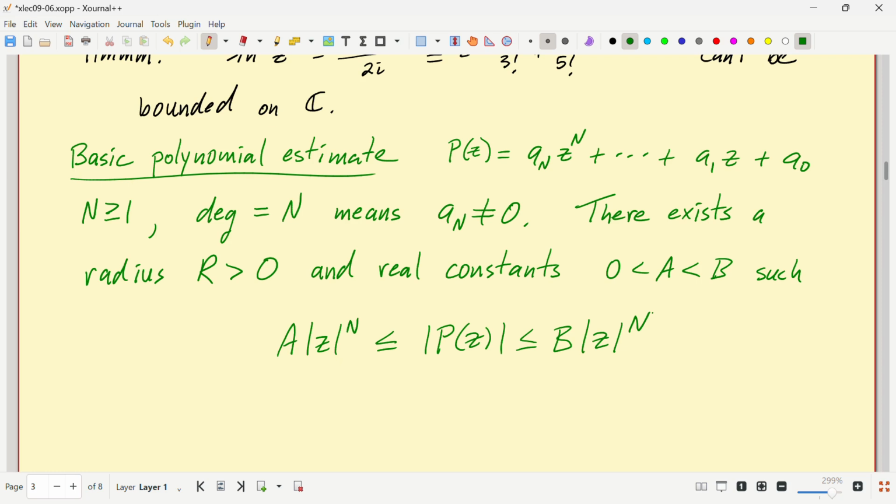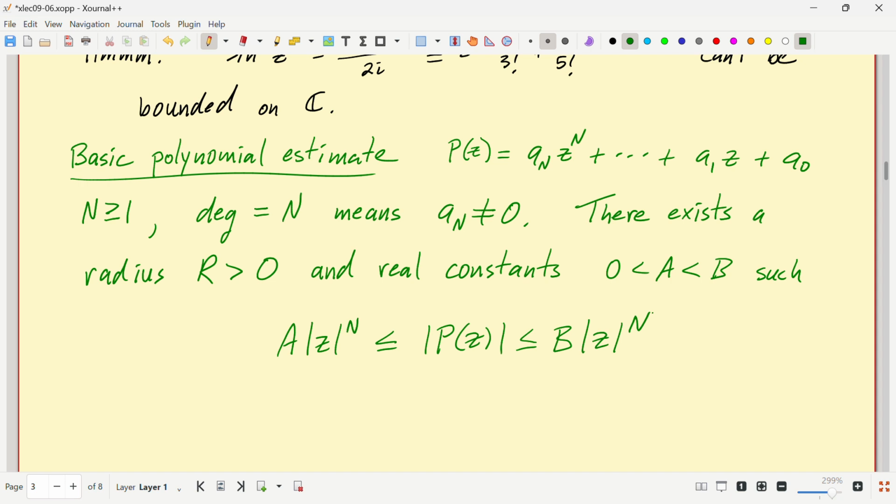That means that polynomials on the complex plane grow at infinity for big z like z to the n. There are constants that squeeze it in, bigger on one side and smaller on the other. So its behavior when modulus z is big is squeezed in between those things. It acts just like z to the n. That's the growth of a polynomial.